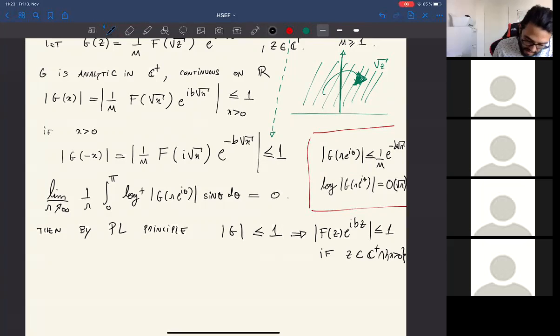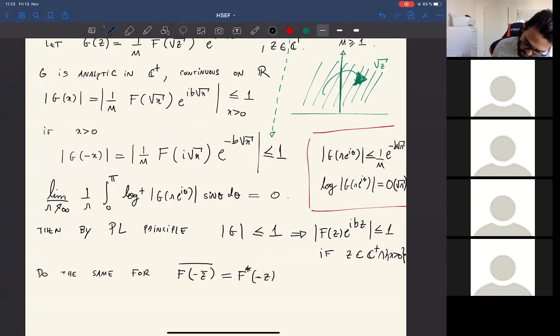Okay, then I apply the same construction for the function f minus z bar, which is f star minus z.